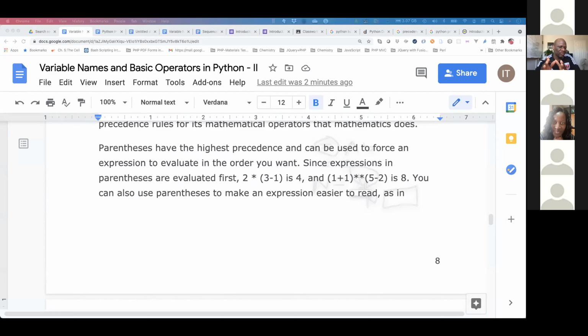Addition and subtraction have the same precedence, and division and multiplication have the same. So if you have them in the same block, you start from left to right. But the exception is if you have an exponent, then the rule doesn't apply. Okay.